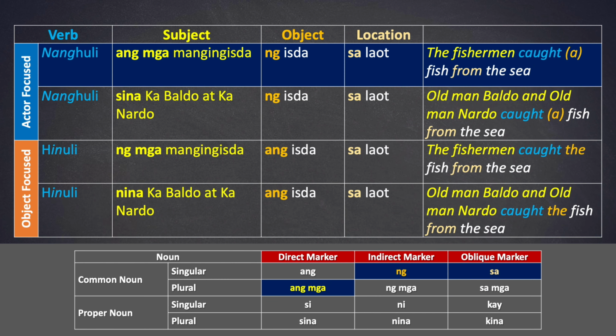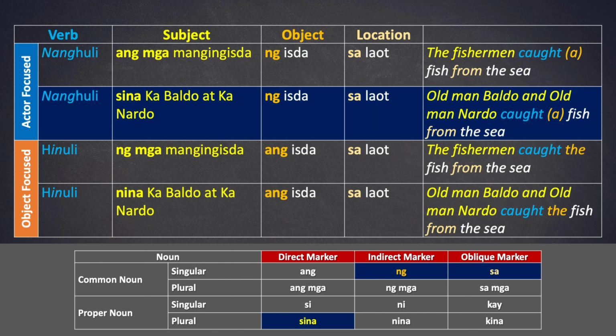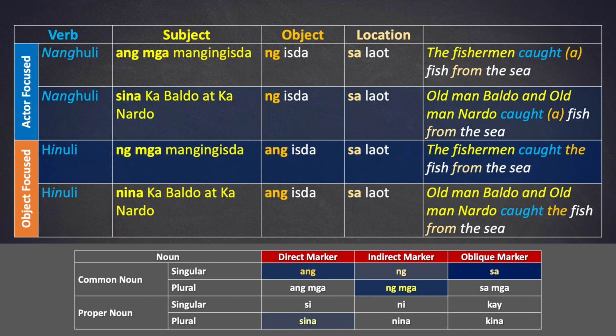Nanghuli ang mga mangingisda ng isda sa laot. The fishermen caught fish from the sea. Nanghuli sina Cabaldo at Canardo ng isda sa laot. Old Man Baldo and Old Man Nardo caught fish from the sea.